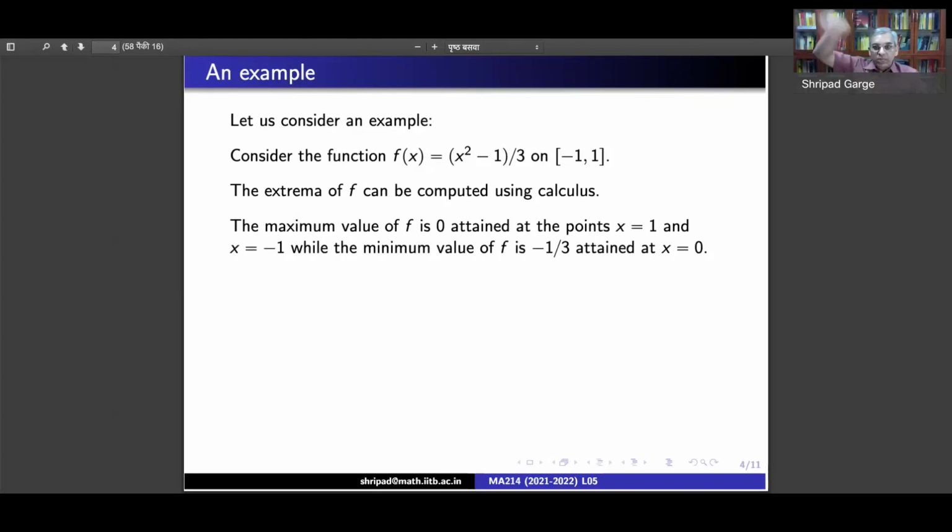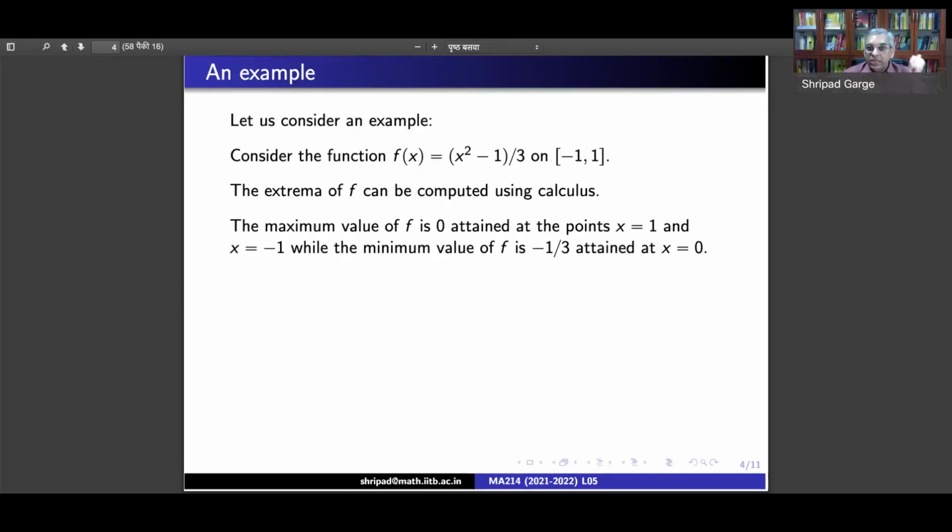The usual parabola y equal to x square has x equal to 0, y equal to 0 as its minimum point. Here it is x equal to 0, y equal to minus 1/3. That's the lower point. The x-axis will intersect this parabola at the points x equal to 1 and x equal to minus 1. Okay, so this is what this function looks like.